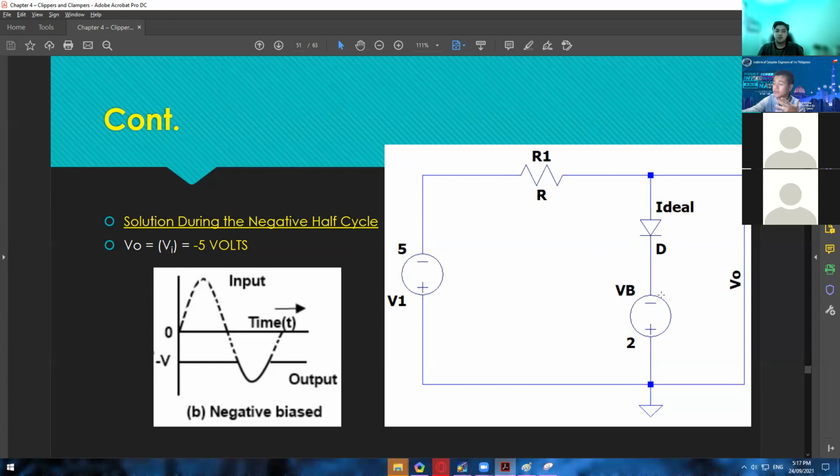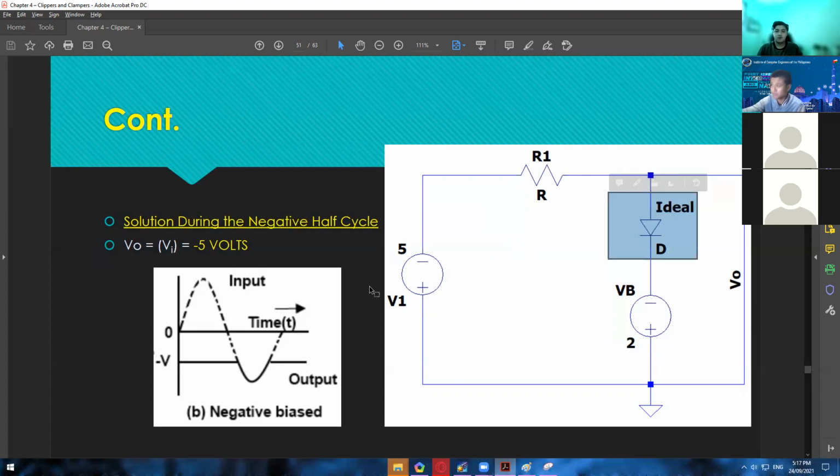Initially, the reading is negative 2 because this is negative, let's say, at 0. So we have a reading of negative 2. And then at 1, this is still larger, so this one will still dominate in the flow of the circuit. So we still have a reading of negative 2. But once this one became negative 2 volts, this will now become a reverse bias.